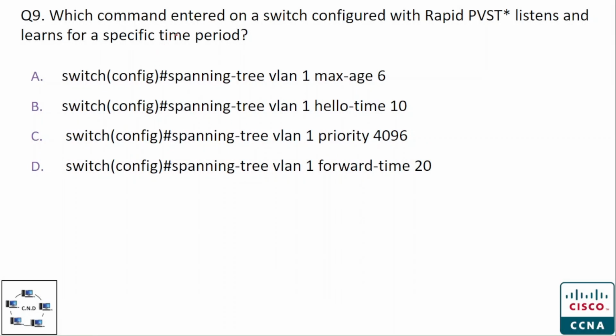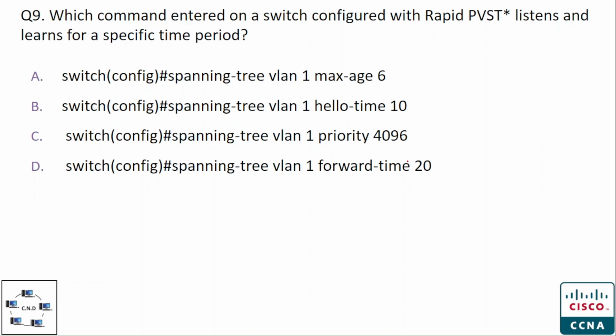Question number 9. Which command entered on a switch configured with rapid PVST listens and learns for a specific time period? The options are option A, spanning-tree vlan 1 max-age 6, option B, spanning-tree vlan 1 hello-time 10, option C, spanning-tree vlan 1 priority 4096, and option D, spanning-tree vlan 1 forward-time 20.